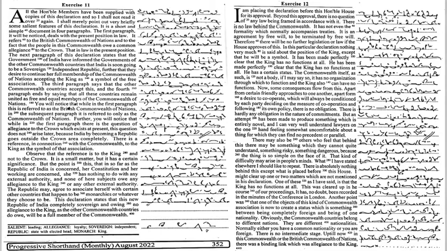In this particular declaration, nothing very much is said about the position of the king, except that he will be a symbol. It has been made perfectly clear that the king has no functions at all. He has a certain status.